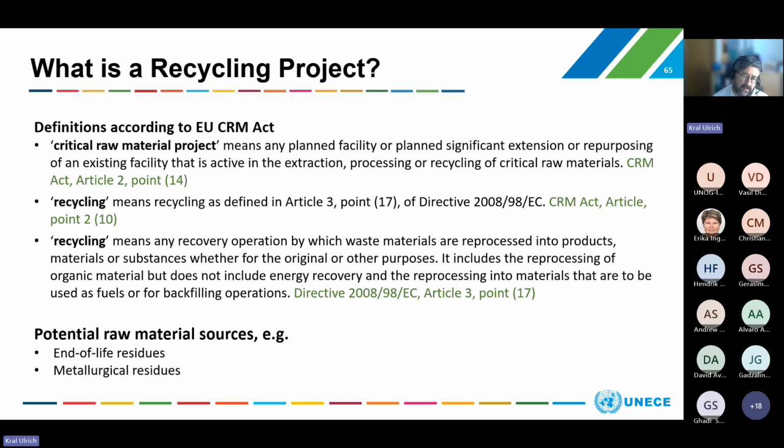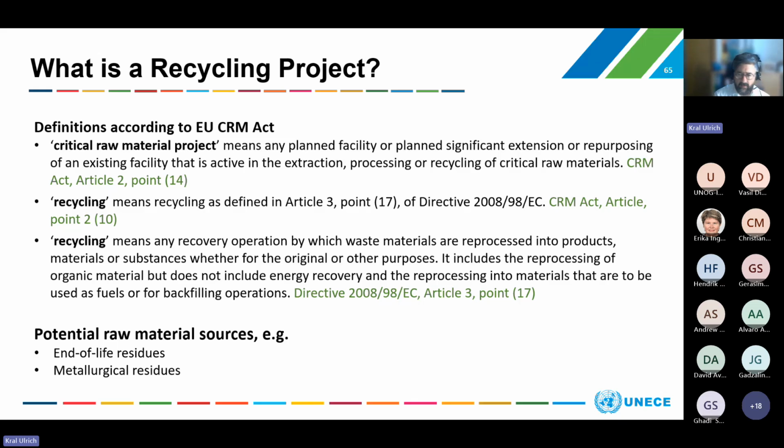And the second big type of feedstock are metallurgical residues and also mining residues coming in from primary production. So these types of residues are considered as well. And I think it was already explained by the representative of the European Commission at the beginning of this workshop that the UNFC covers the entire value chain.